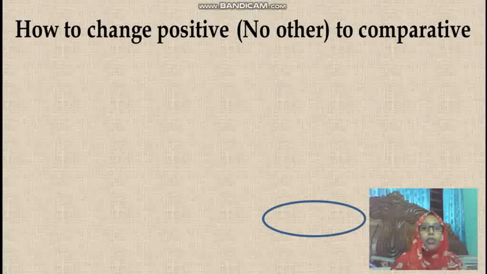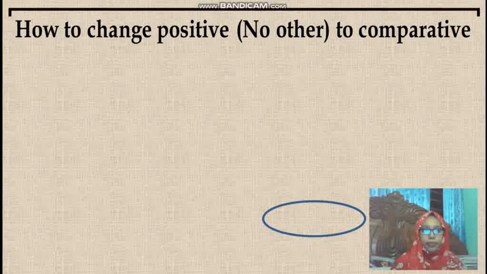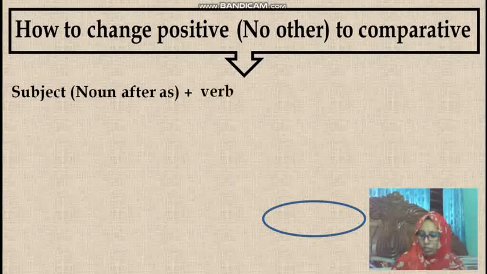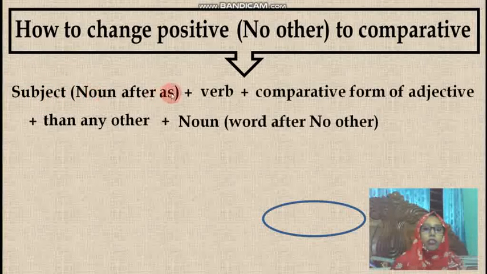How to change positive degree to comparative if the word "no other" is present in the sentence. At first, you have to use the subject, then the verb and the comparative form of the adjective, which is the word present between "as" and "as". Then you have to use "than any other".